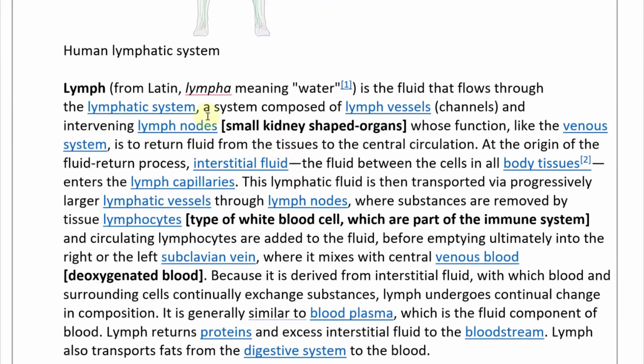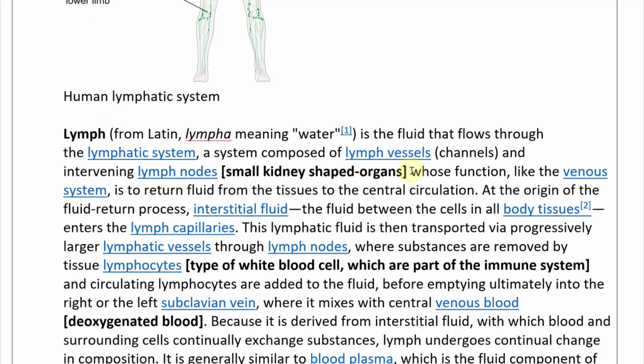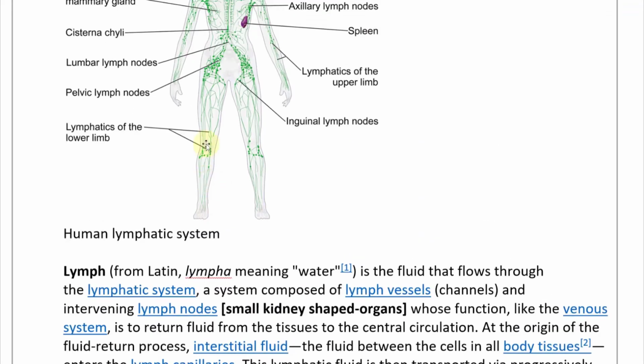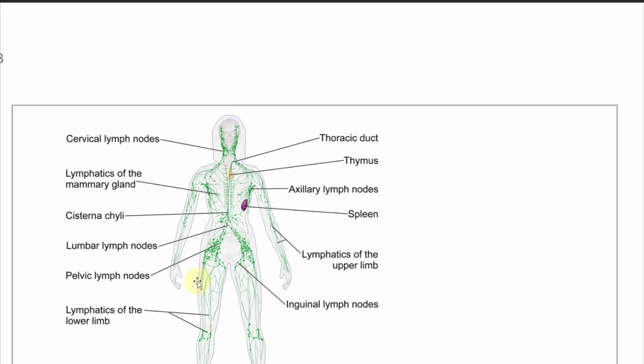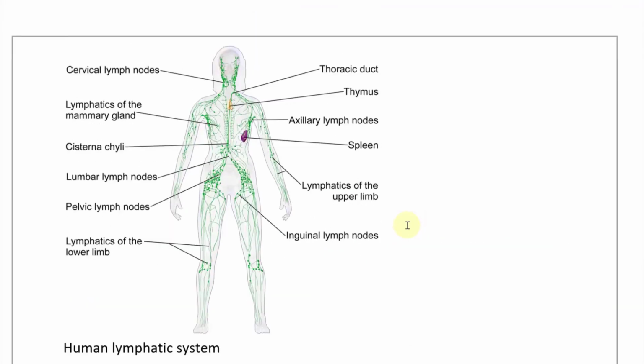And going further, lymph, from Latin lympha, meaning water, is the fluid that flows through the lymphatic system, a system composed of lymph vessels or channels. So a bunch of lymph vessels all across here, and intervening lymph nodes, which are small kidney-shaped organs whose function, like the venous system, is to return blood from the tissues to the central circulation.